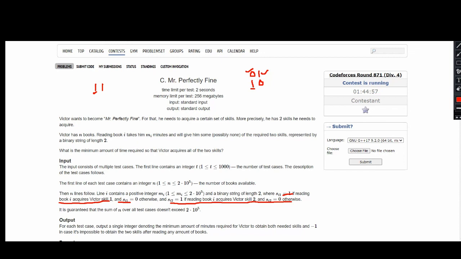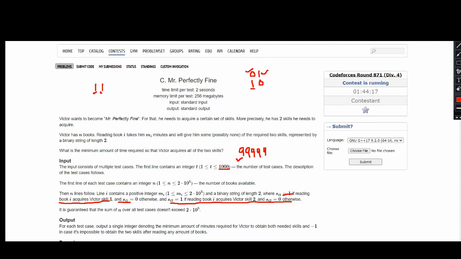Initially we define the previous time as a big number, greater than 1000, suppose 999. This is the number the minutes are initialized to. Now we take the minimum of these minutes and the minutes given for this test case, and that would be the minutes acquired to get skill 1.